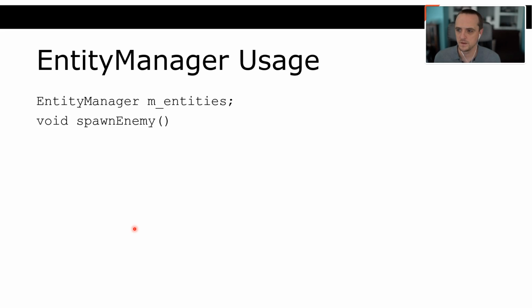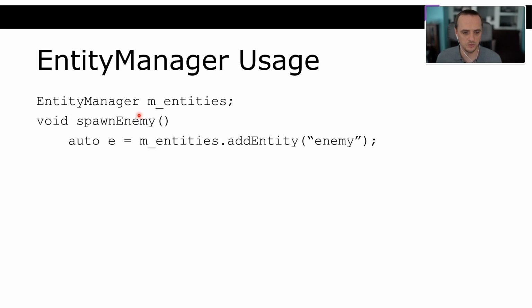All right. So now let's look at how we would actually use the entity manager. Let's say we have an entity manager, and we just call it m_entities because it's living somewhere as a class variable. And now we're going to have a function which is spawnEnemy. What we would do is call it really easily. We'd say auto e, for entity, equals our entity manager dot addEntity, and we give it the tag of enemy.